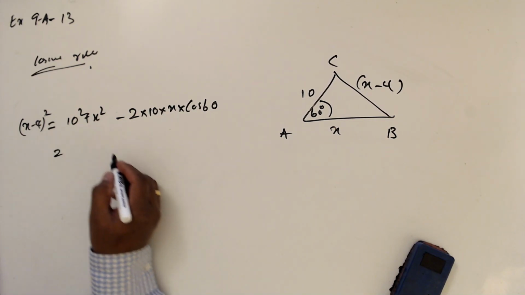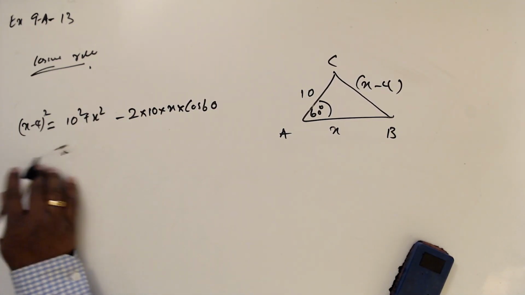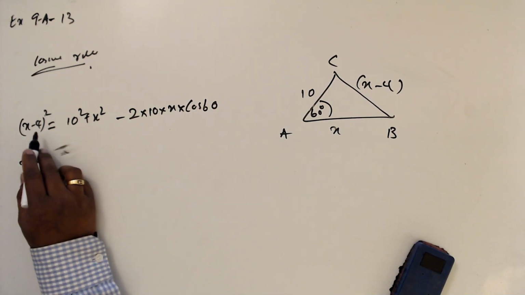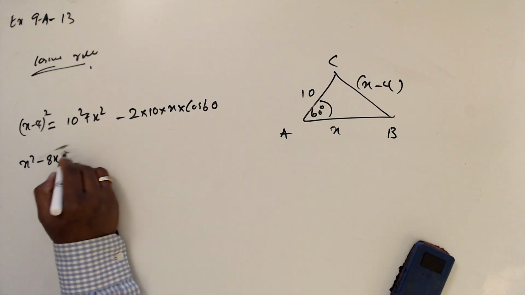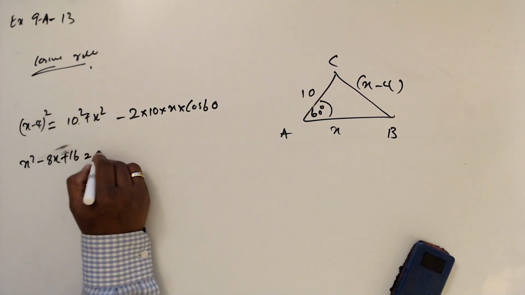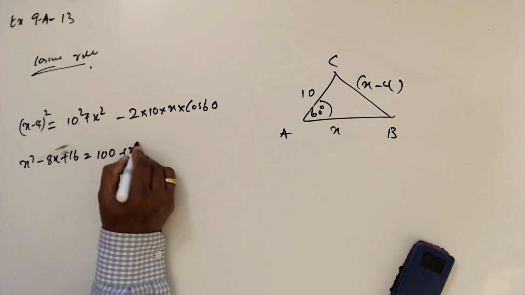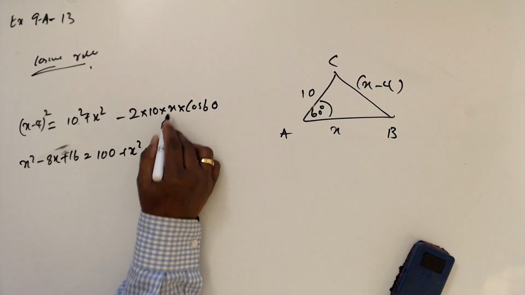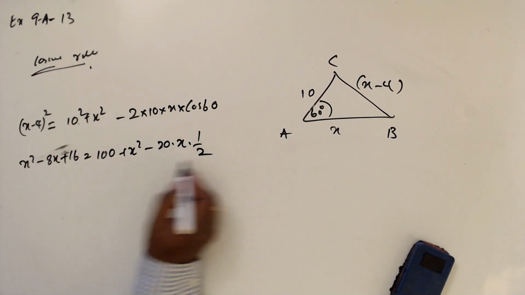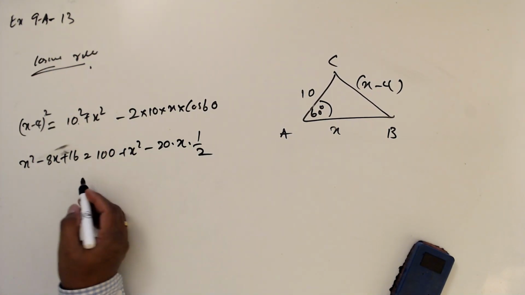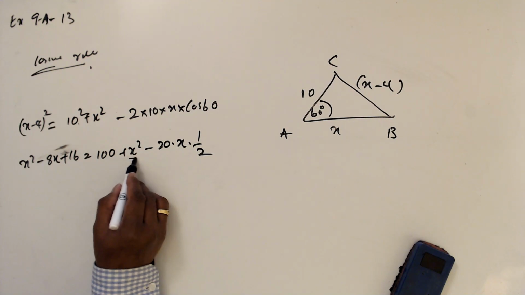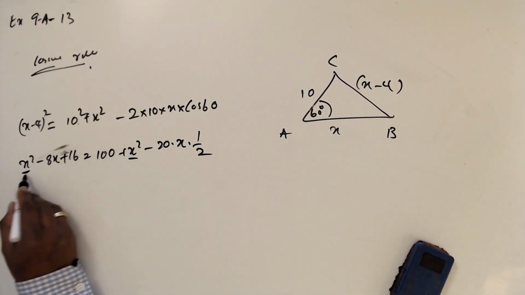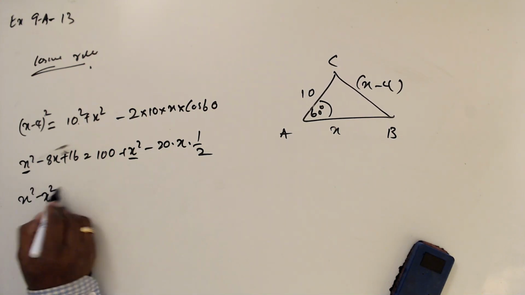So this is going to be x squared minus 8x plus 16 equals 100 plus x squared minus 20 times x times cos 60, which is half. Now I can see this one and this one cancel out, or if you are not sure, bring to the left side x squared minus x squared.